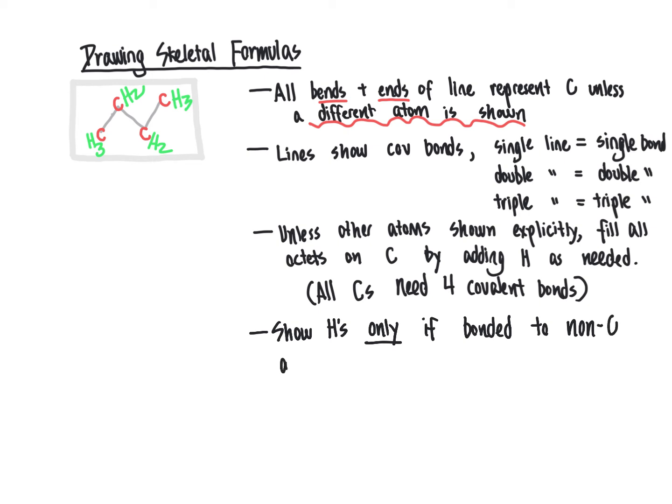For example, if you had an OH group in a skeletal formula, you would need to show that hydrogen explicitly because that hydrogen is not bonded to a carbon atom. Instead, it's bonded to an oxygen. So that's the rule for showing hydrogens. Show hydrogens only if they are bonded to something other than carbon. Hydrogens that are bonded directly to carbon atoms are never shown.